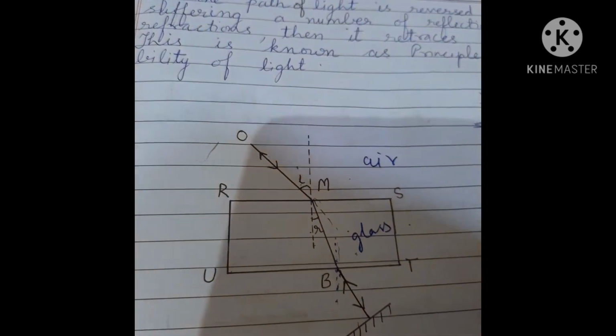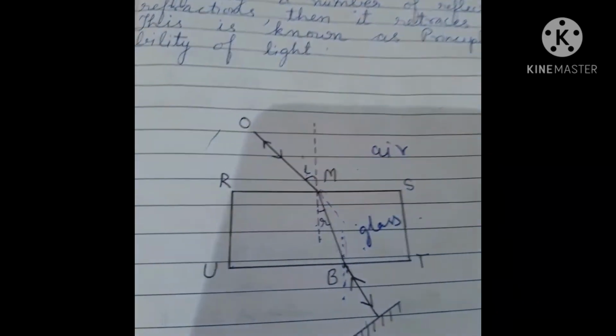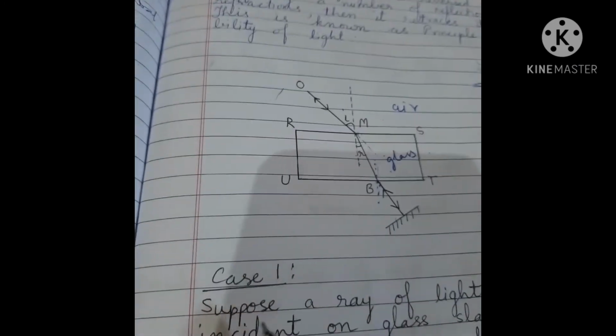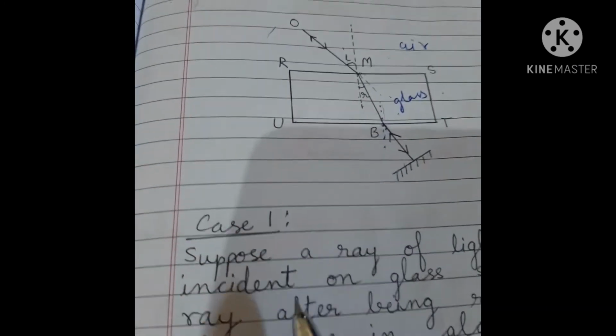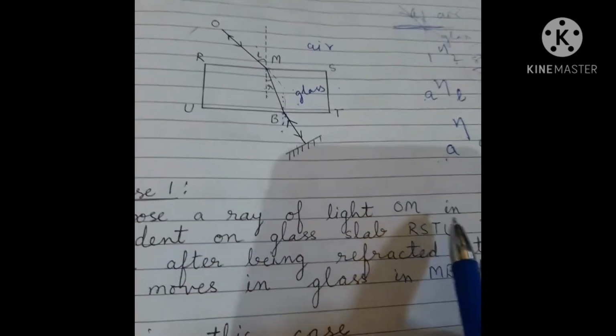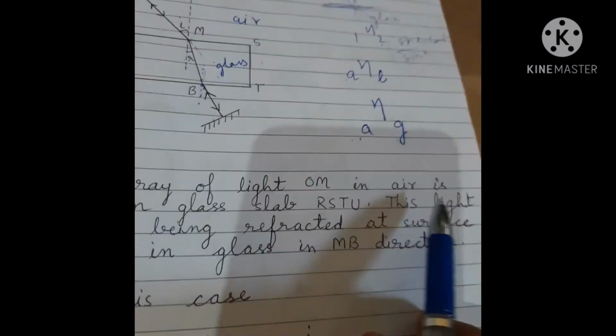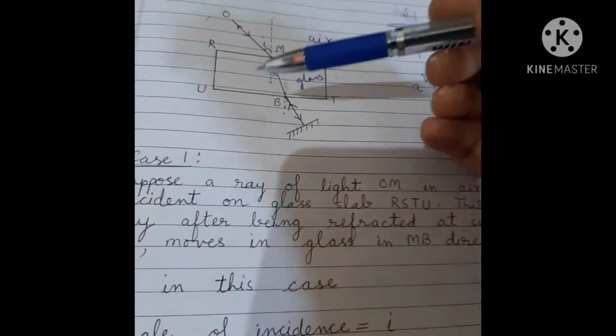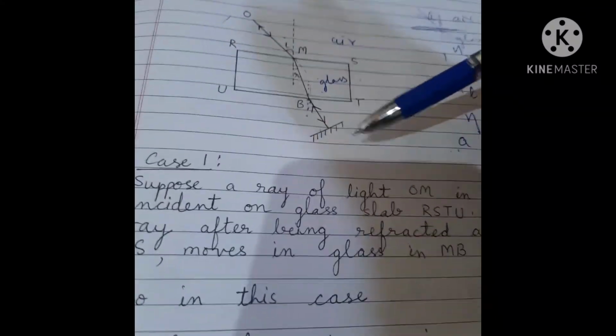Retraces means it again moves on that path only. So now we will see a few concepts regarding this. Now the first case is, suppose a ray of light OM in air is incident on a glass slab. This is what I have told you earlier only.